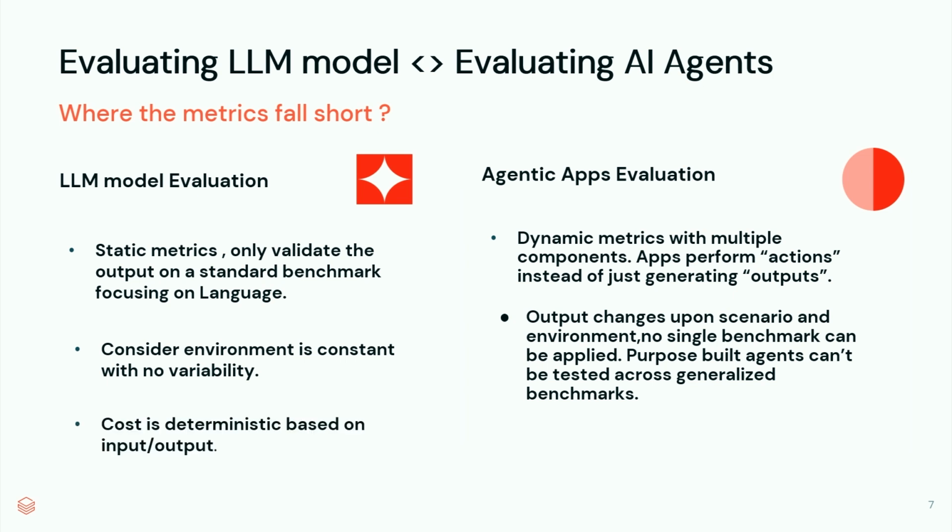And last but not least, cost. I think that is something not spoken about widely, but it is really relevant. For a language model, if you know the input and output token length, you can estimate the cost. Maybe not 100%, but you can estimate. But cost is unbounded when we are talking about agents.